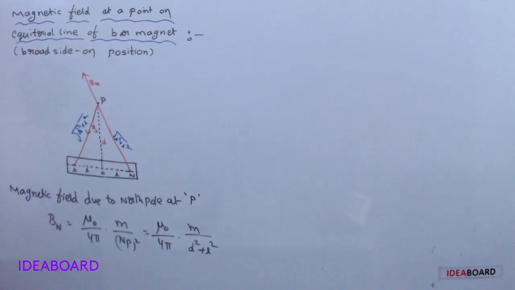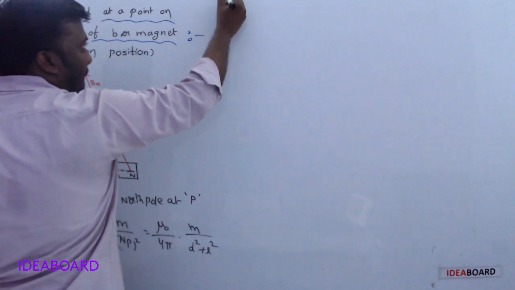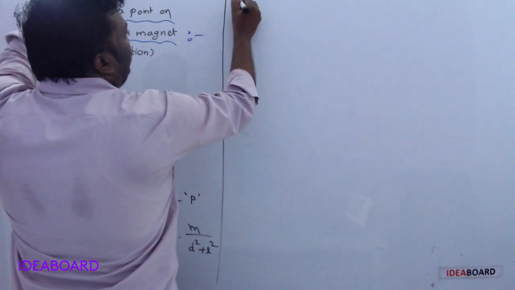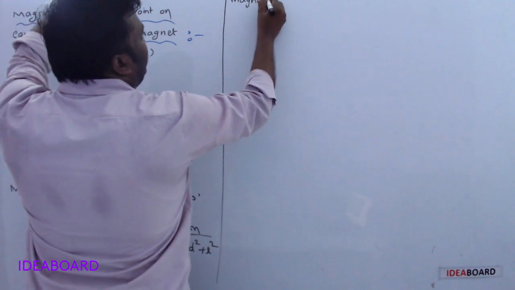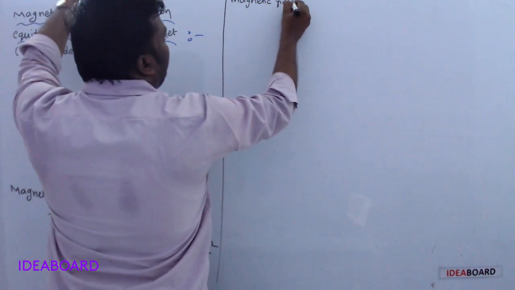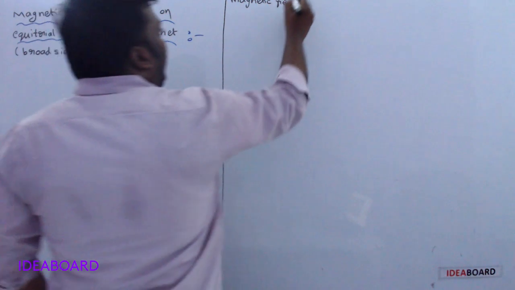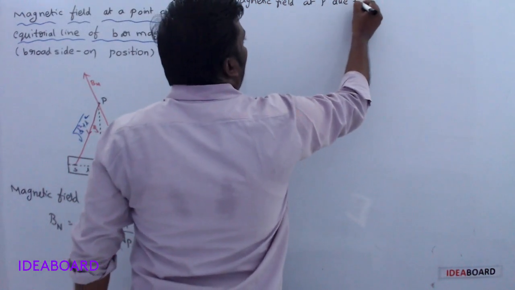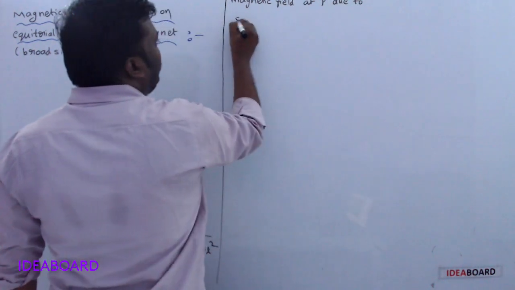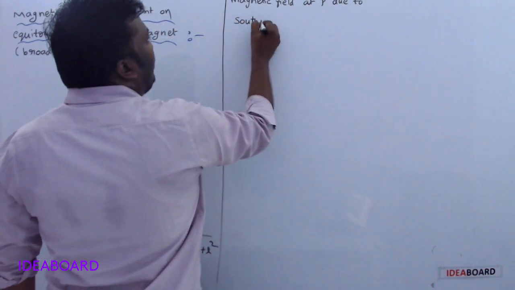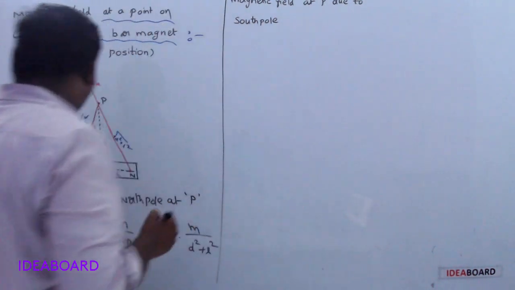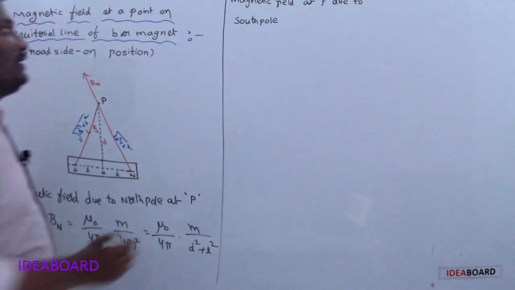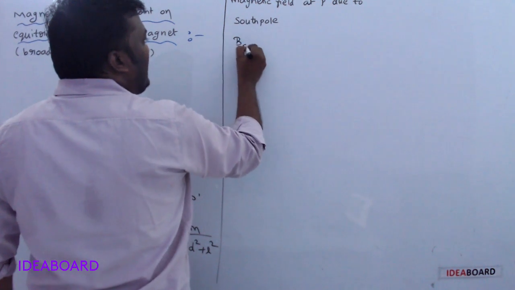And the magnetic field induction at P due to the south pole. Due to the south pole at P, what is the magnetic field induction? That is denoted by Bs.